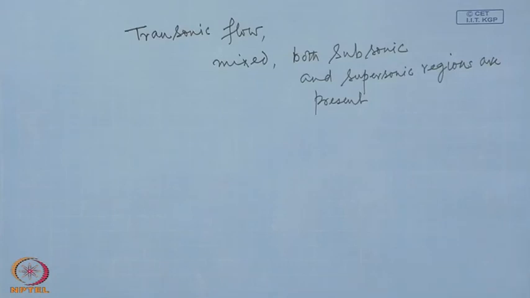So, we have discussed the one dimensional flow and the basic governing equations of one dimensional compressible flow, namely the mass conservation or continuity equation, the Euler's equation and the momentum equation and the energy equation. From there we have seen what isentropic flows are and what happens to the equation of state in isentropic flows.